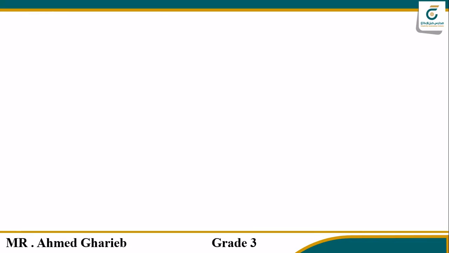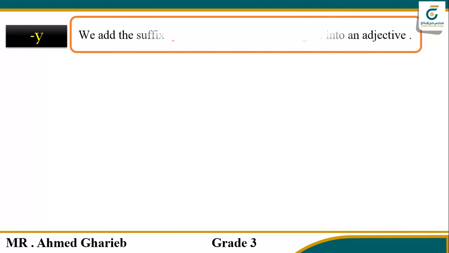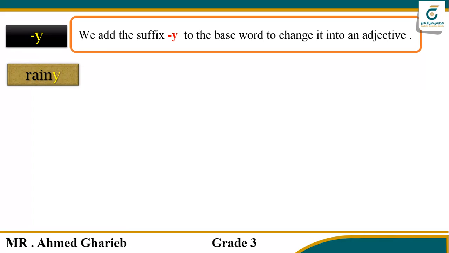Let's have the first suffix, y. So we add the suffix y to the base word to change it into an adjective. Let's have some examples. Rainy. Rain is a noun. Water coming from the sky, from the clouds. If I describe the weather with the adjective rainy, it means raining a lot.